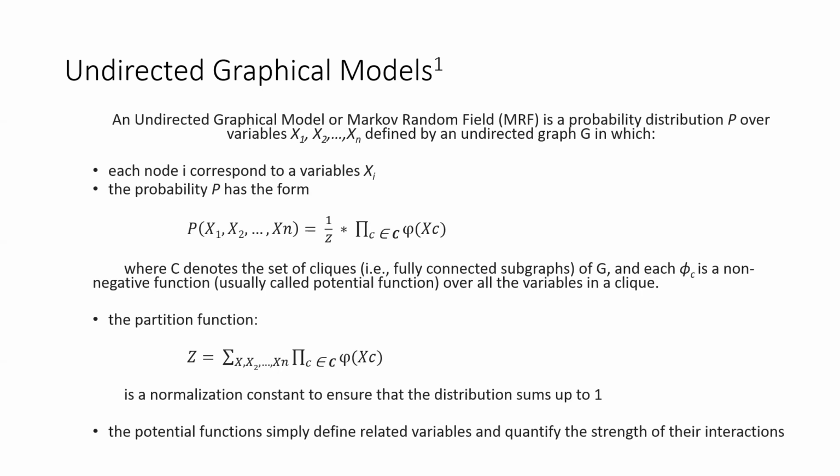Okay, so undirected graphical models, the other name of them is Markov random fields, or MRFs. It's a probability distribution over different variables, which can be represented by an undirected graph, in which every node, as in the case of directed graphical models, represents a variable.